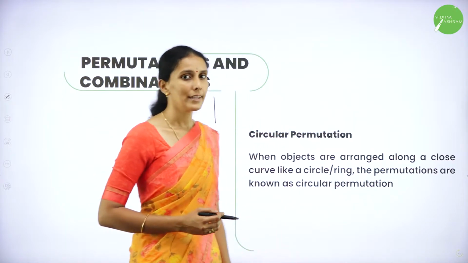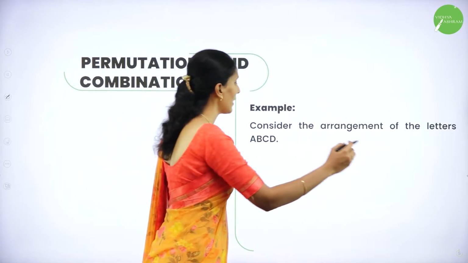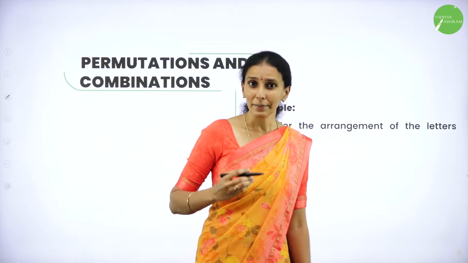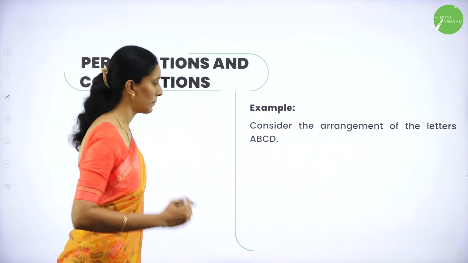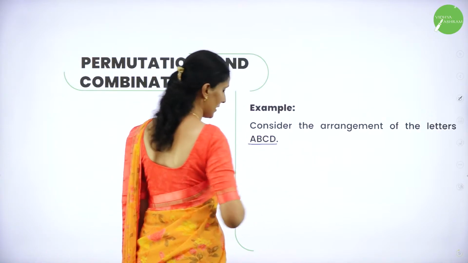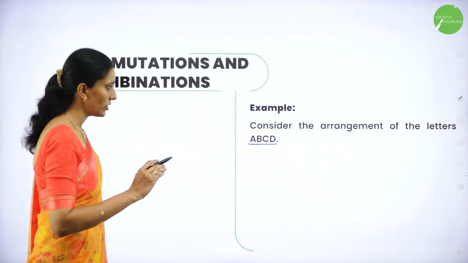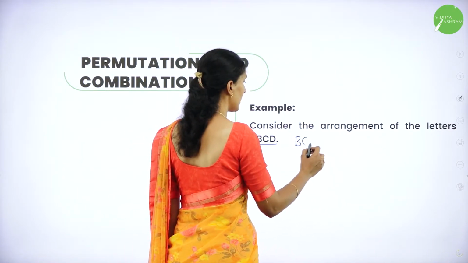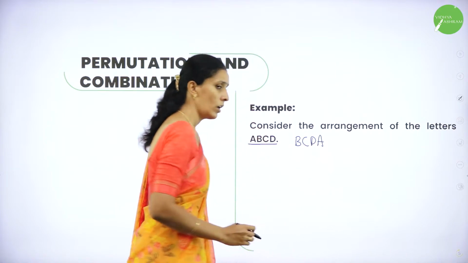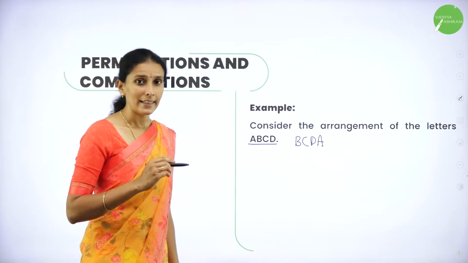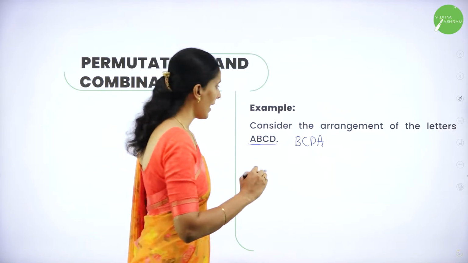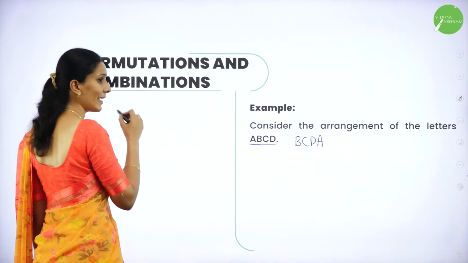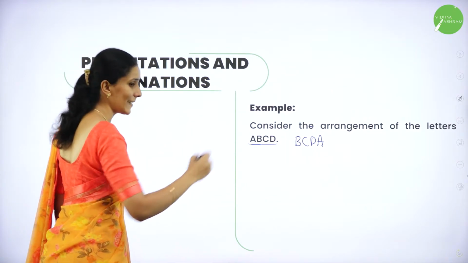Okay, we'll take an example. Consider the arrangement of the letters A, B, C, D. Before going to circular permutation, let me show how we arrange in linear permutation. We have the letters A, B, C, D. In linear permutation, if I change the order of the letters, for example B, C, D, A, then it is taken as one arrangement. So I'll take A, B, C, D in linear permutation as well as A, B, C, D in circular permutation.